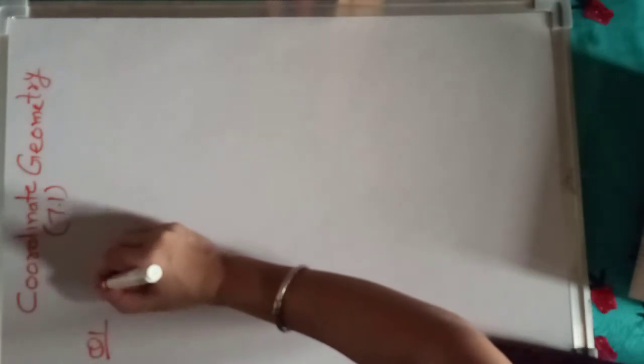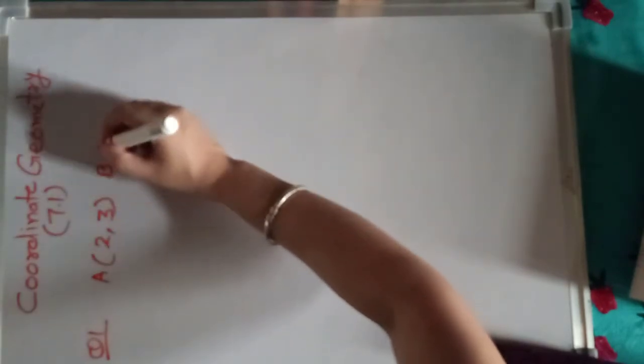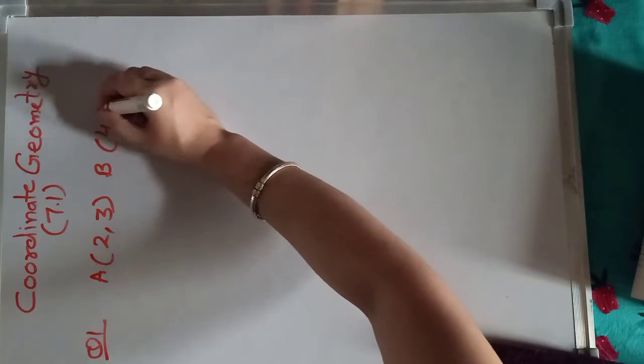You are given the point (2, 3). Let it be A (2, 3), and the next point they have given is (4, 1). So how can you find the distance now?